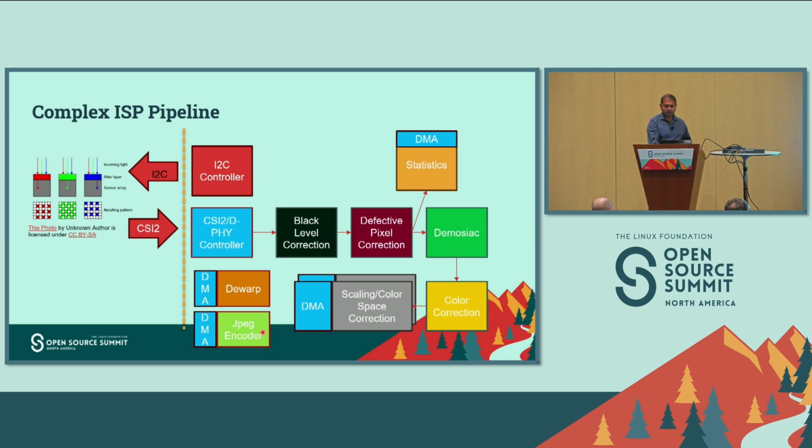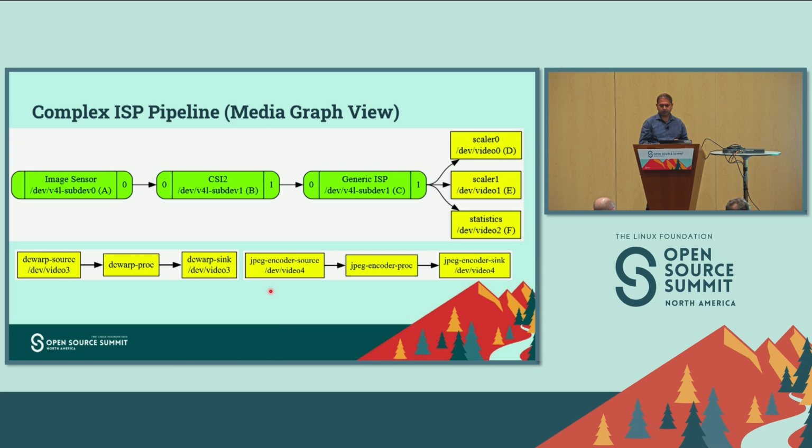Some of these operations cannot be inlined along with the original ISP pipeline, so they function as distinct memory-to-memory blocks. The V4L2 API has support for that as well. It's known as the V4L2 memory-to-memory, or mem-to-mem. So let's look at the media graph representation of such a pipeline. You'd have the image sensor, CSI2, and generic ISP, with two scalers now and one statistics node.